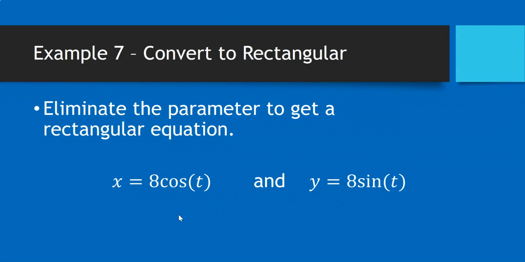So what we're going to end up doing is substitution, but I don't want to solve for t because then I have to do arc cosines or arc sines or whatever it happens to be, and then it becomes really messy. So what I'd rather do is notice that one of them involves a cosine t, and one of them involves a sine t.